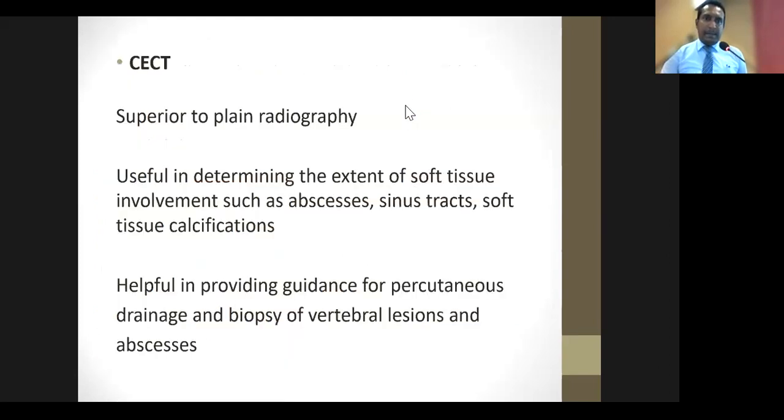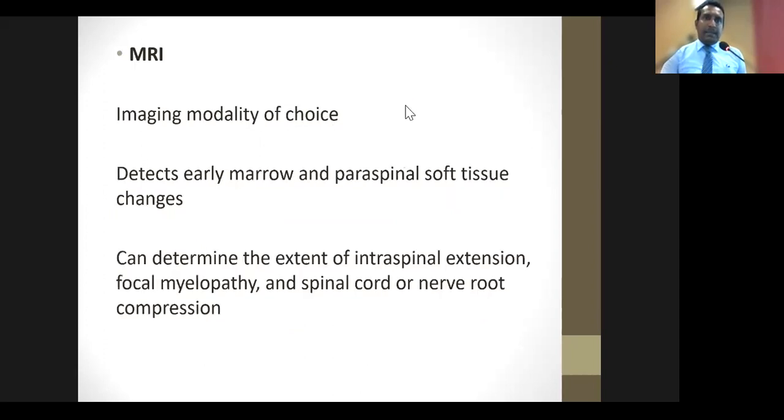So obviously CT is superior and useful in determining the extent of soft tissue involvement like abscesses, sinus tracts, and soft tissue calcification. And sometimes you can use it as a guidance to get a percutaneous drainage done or biopsy done. But MRI is the imaging modality of choice.